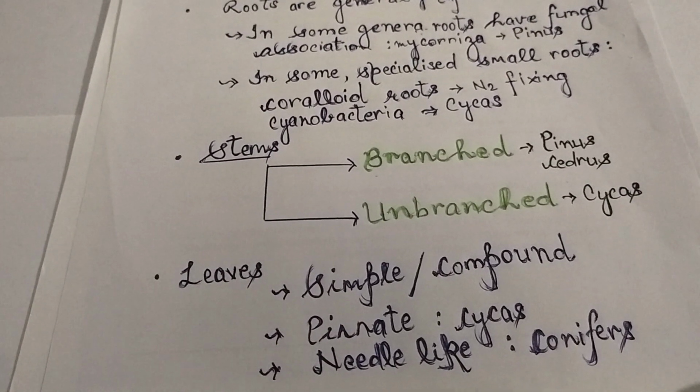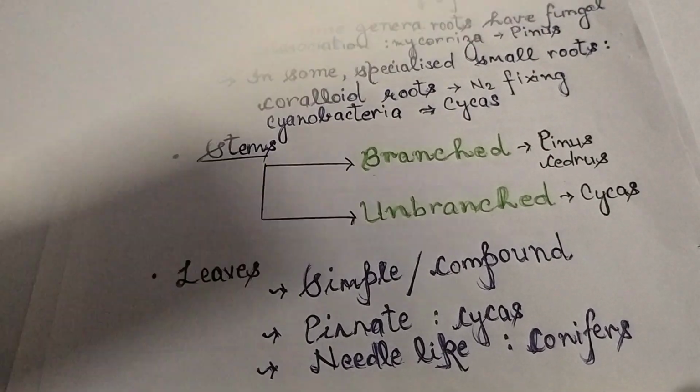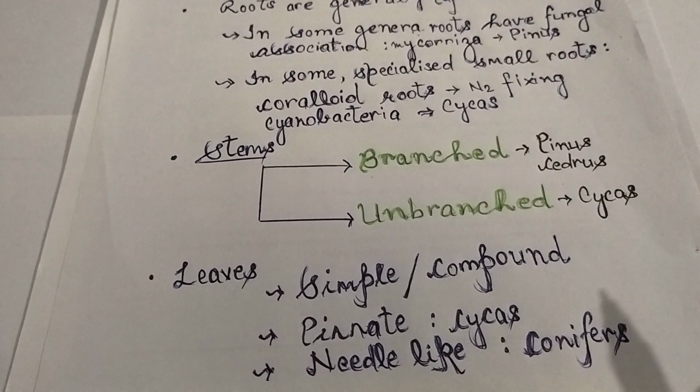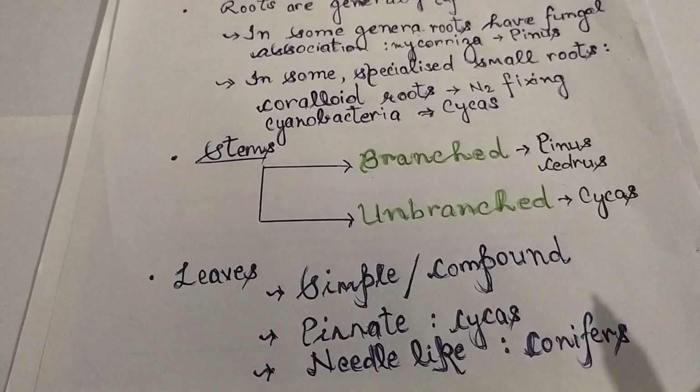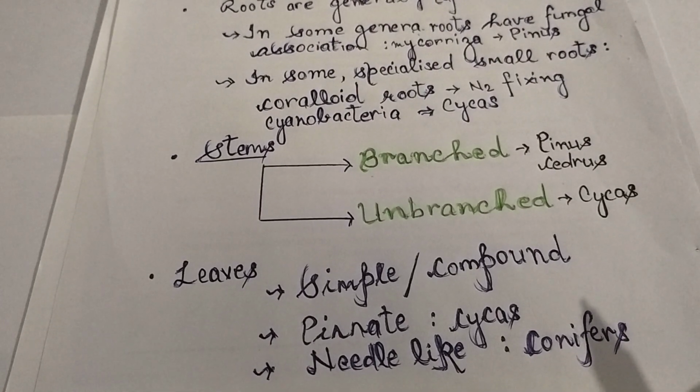You might know the usual shape of leaves, but here in some cases you will find needle-like structures. Why? Normally the leaf is broad, so there is more surface area, but when it is reduced to needle shape, the surface area is reduced.